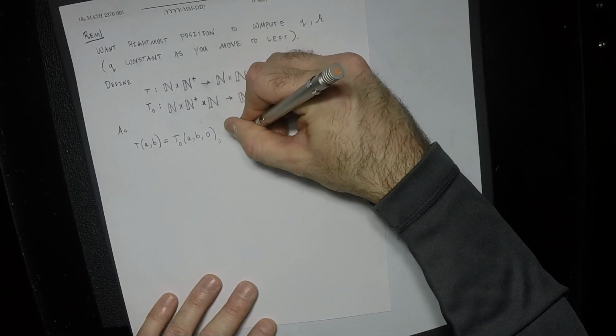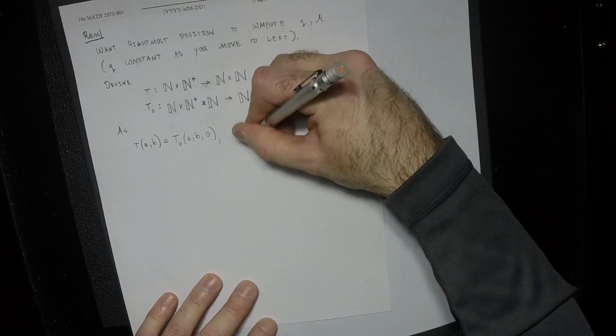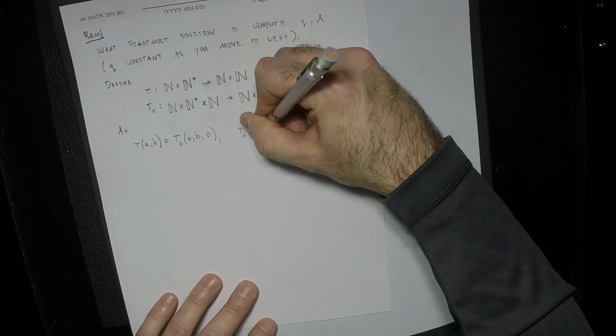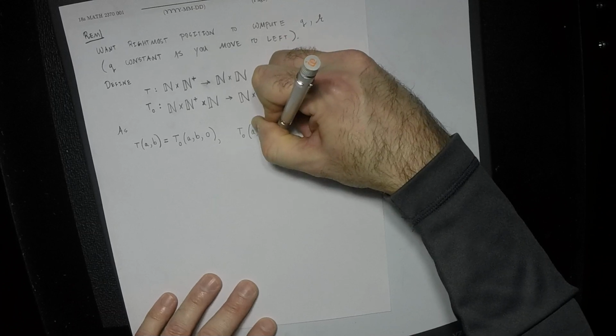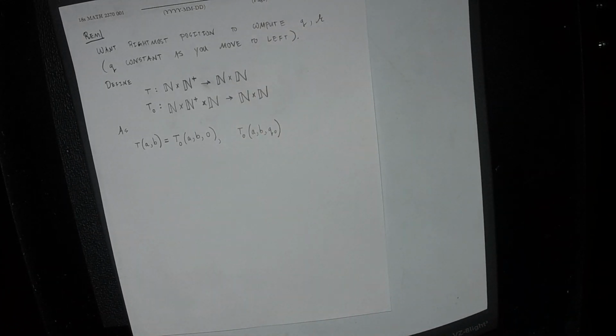So T0, in turn, needs to be defined as follows. T0 of A, B, and Q0. Q0 is the quotient at the present time, how many groups have been made so far.